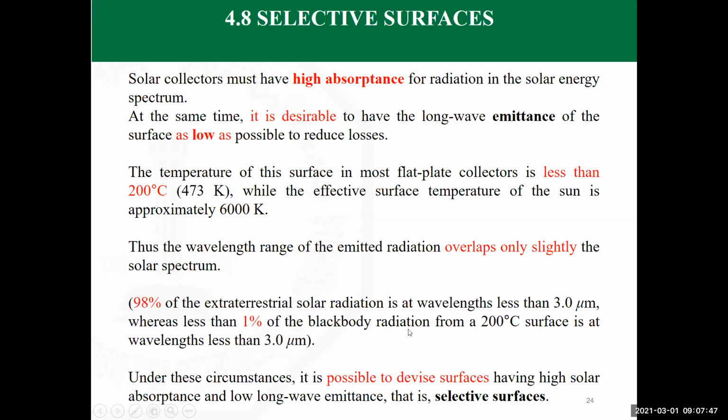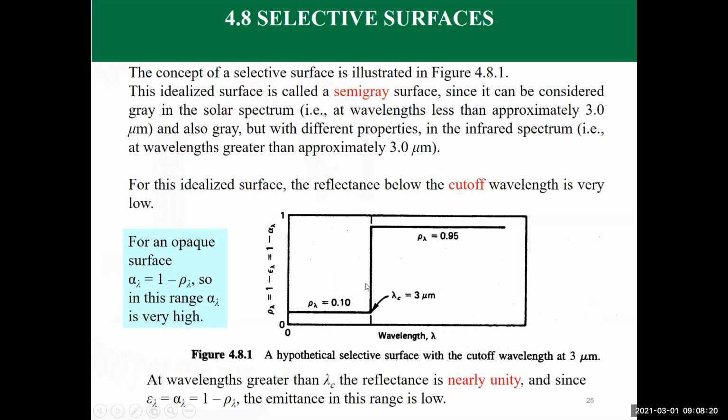The rest are at a wavelength which is higher, which means that we can maximize the amount of energy absorbed and minimize the amount of energy emitted, because we are talking about a different range of the wavelength with a slight overlap at 3 micrometer wavelength. So we need to devise surfaces that have high solar absorbance and low long wave emittance. And this is what we refer to as selective surfaces.